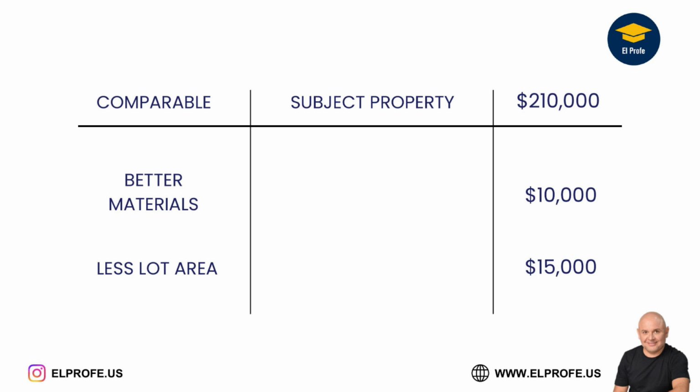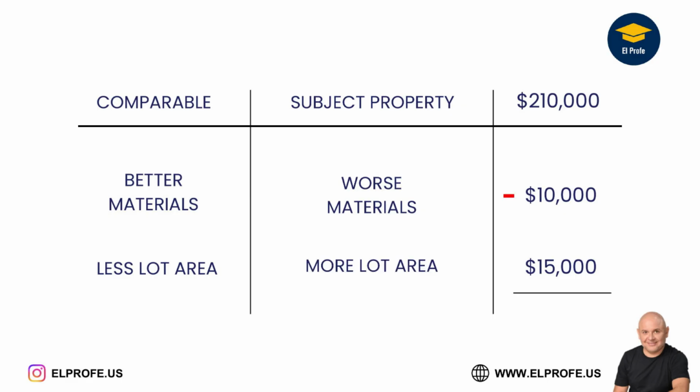If the comparable has better features, the subject has worse features. If the comparable has less lot area, the subject has more lot area. The point is, all adjustments are made to the comparable. I cannot touch the subject property. I can only touch the comparable property. And whatever is better on the comparable, I subtract.